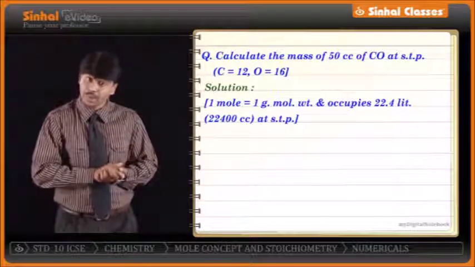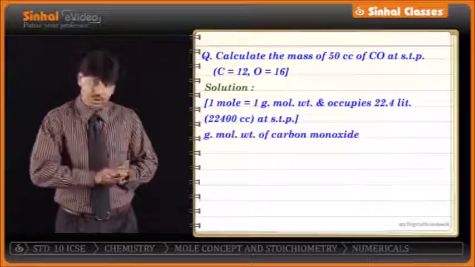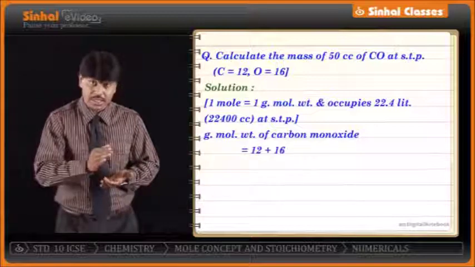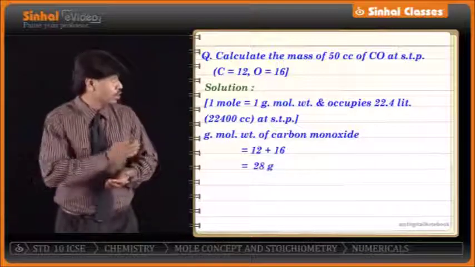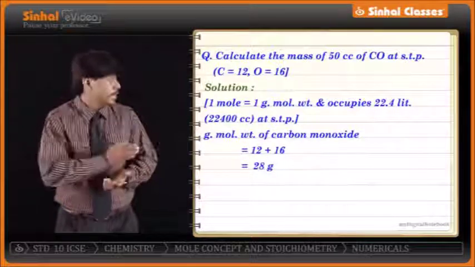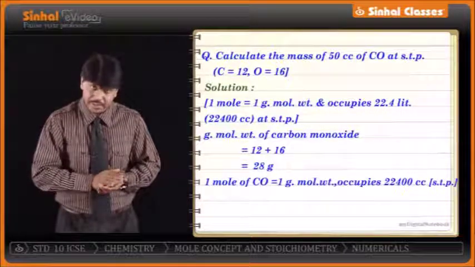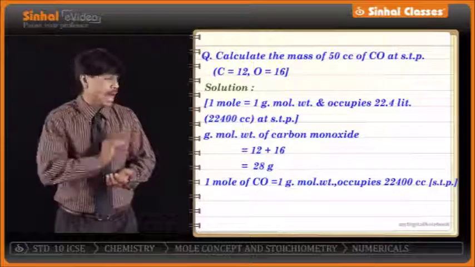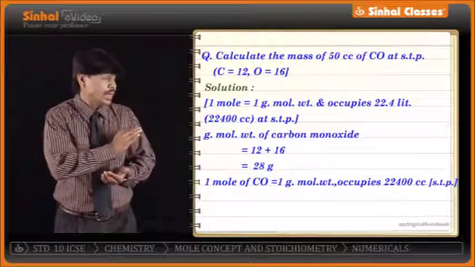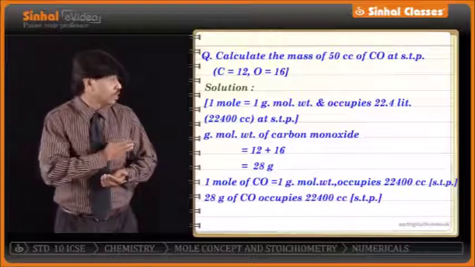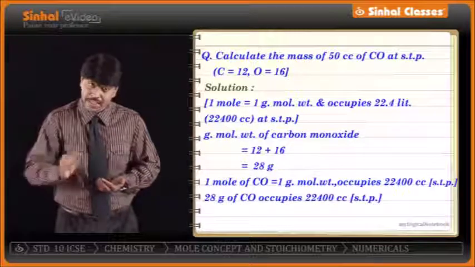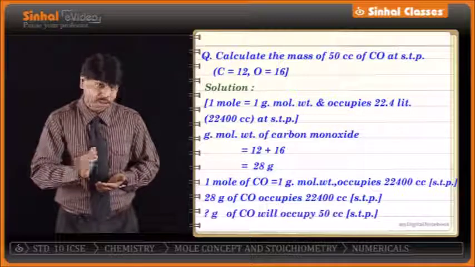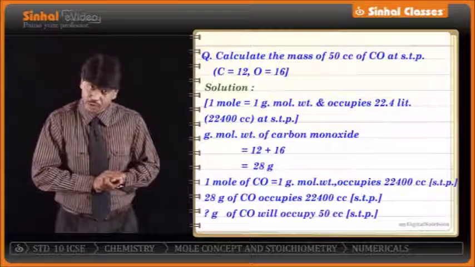Now let's find out the gram molecular weight of CO, that is C plus O. So 12 plus 16 is equal to 28 grams. So 1 mole of CO is equal to 1 gram molecular weight, which is occupying 22400 cc at STP. So 28 grams of CO occupies 22400 cc at STP. Therefore 50 cc at STP will have how much weight of CO?